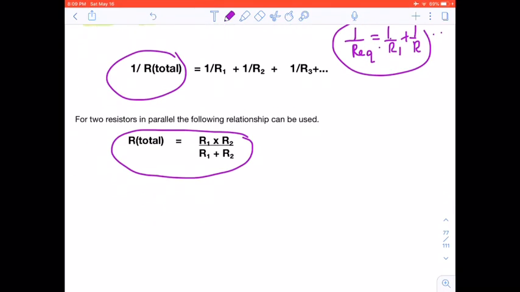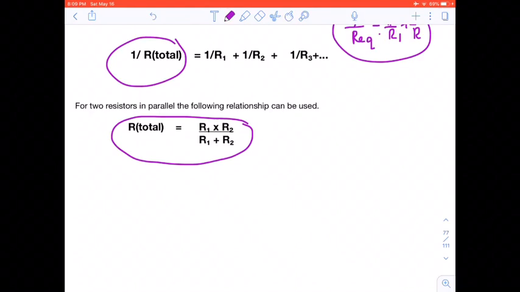But maybe let me just illustrate how that works. So if I say 1 upon R total is equal to 1 upon R1 plus 1 upon R2.